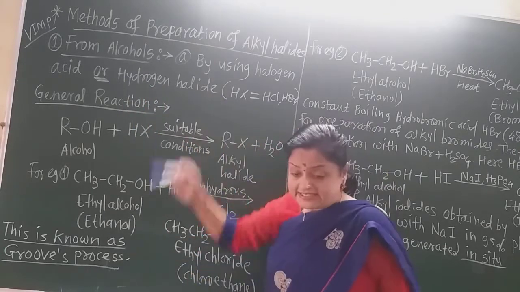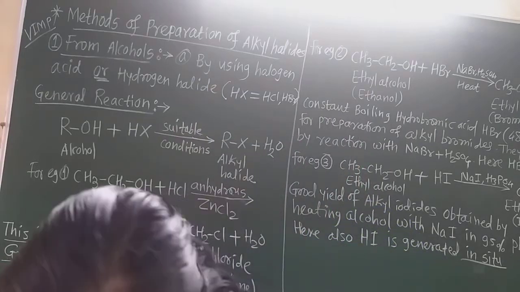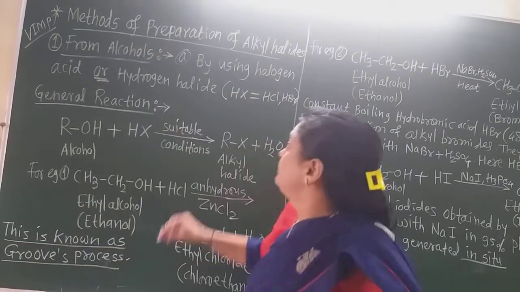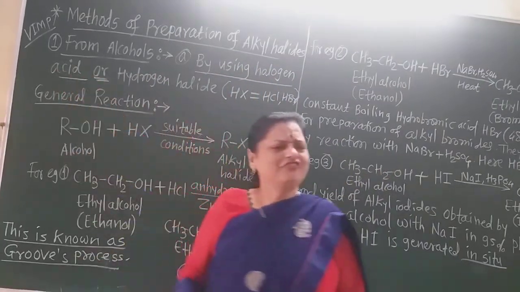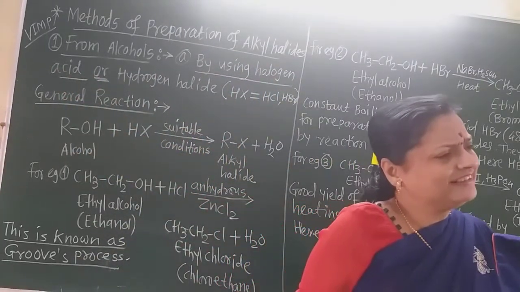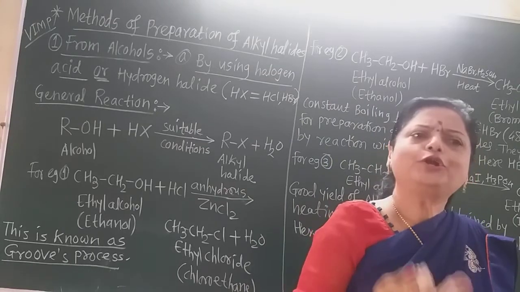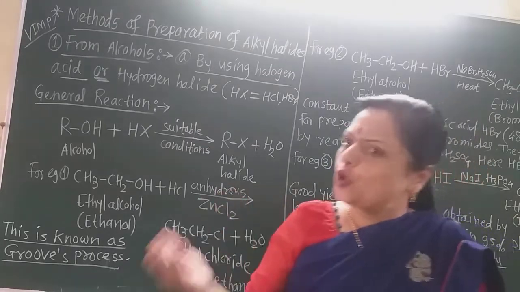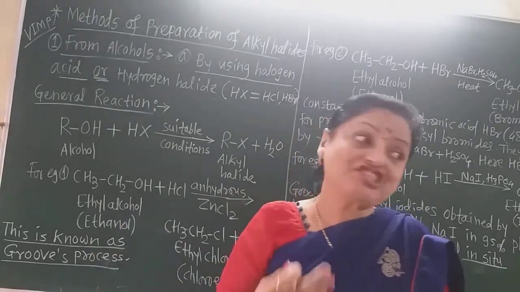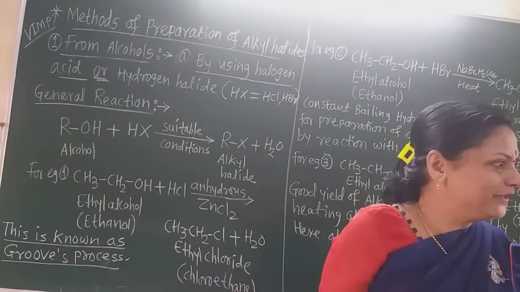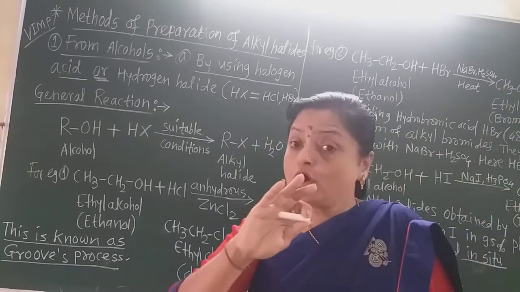Now, what is in this first method? This is very important. In this first method, we use halogen acid. Which are the halogen acids? Very familiar: hydrochloric acid, hydrobromic acid, that is HCl, HBr, HI, the hydroiodic acid, and HF, hydrofluoric acid.